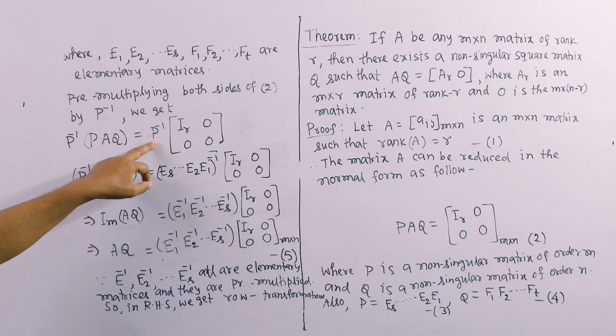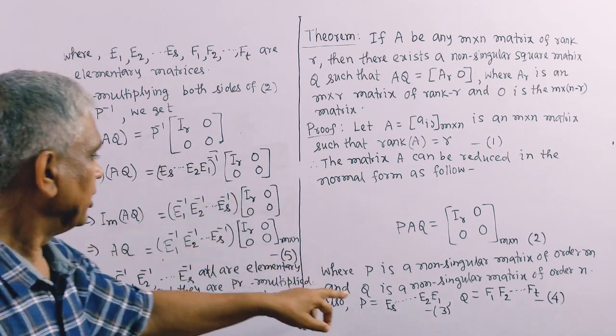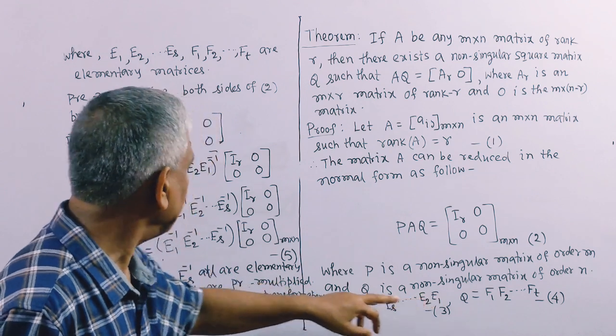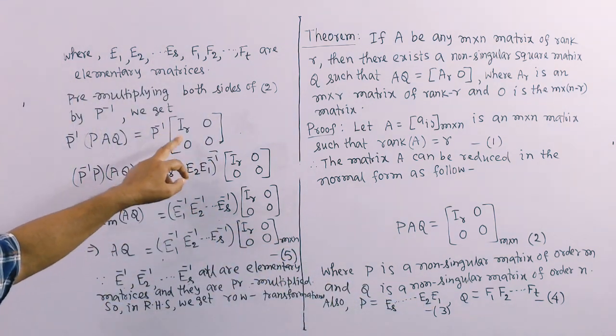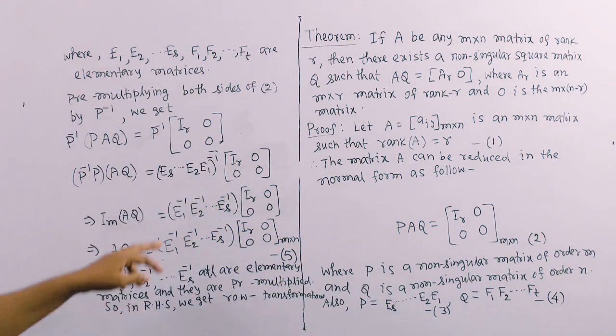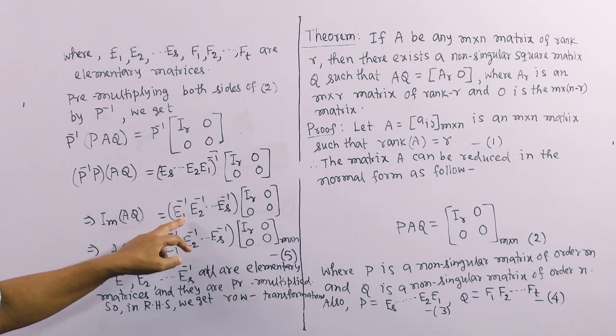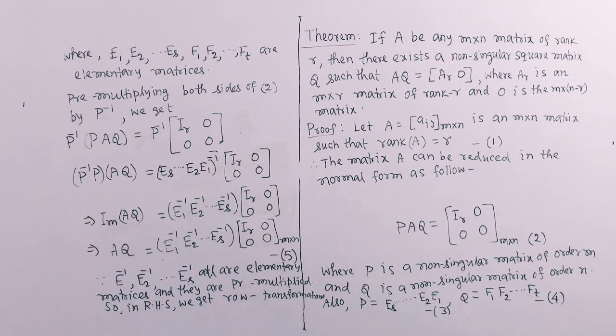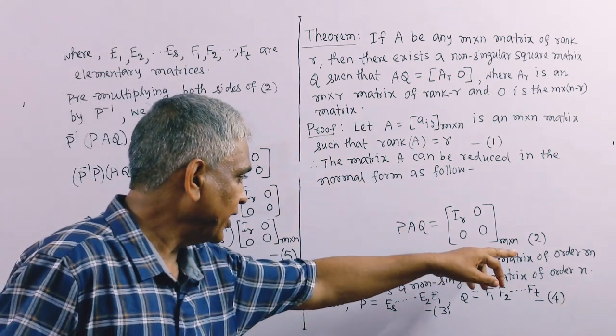In place of P we write Es dot dot dot E2 E1 whole inverse, and this equals E1 inverse E2 inverse up to Es inverse, and the left side P inverse P of order m.